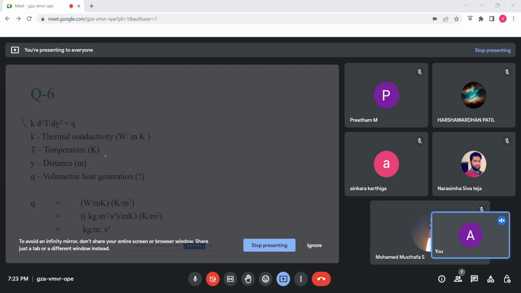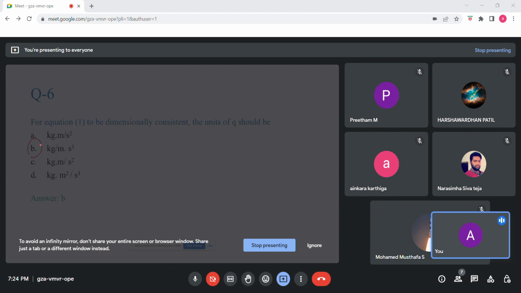So we substitute the values into this equation, where Q's unit is watt per meter Kelvin into Kelvin per meter squared. If we substitute for watt in SI units, we get kg meter squared per second cubed, per meter Kelvin, into Kelvin per meter squared. On simplifying, we get kg per meter second cubed. So which is option B.